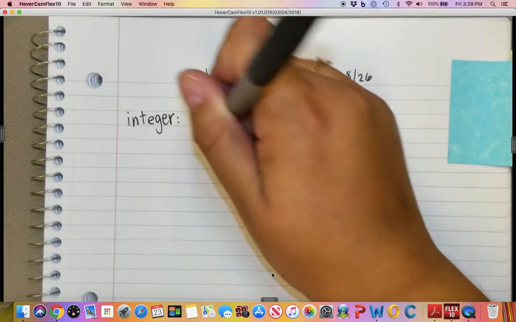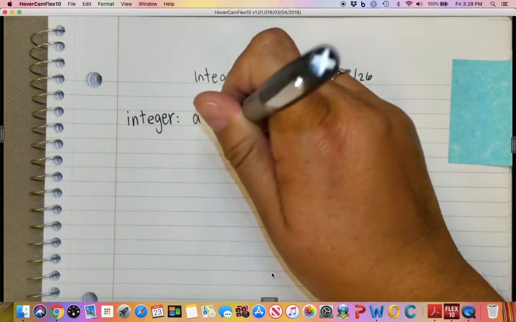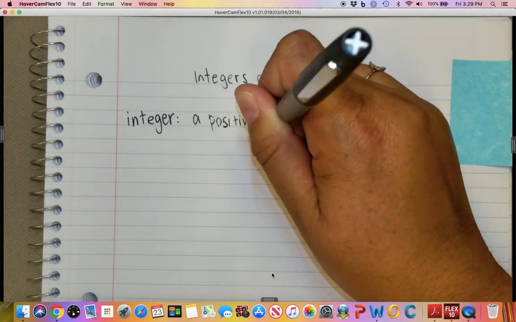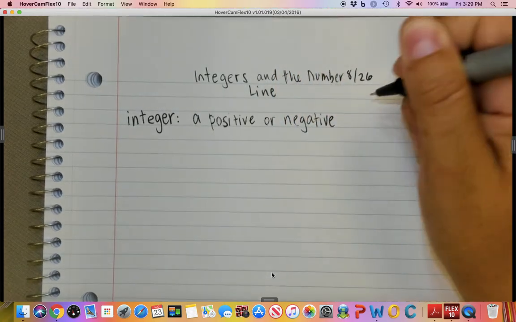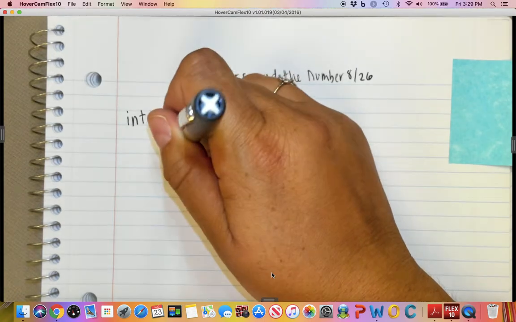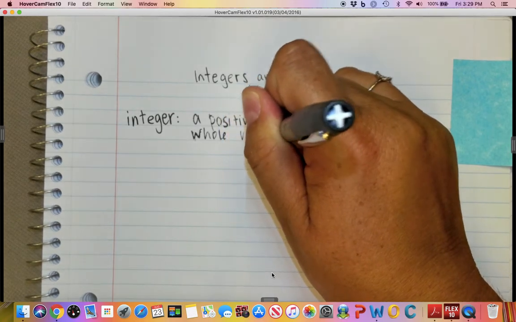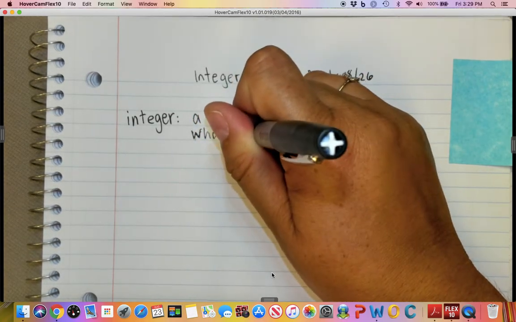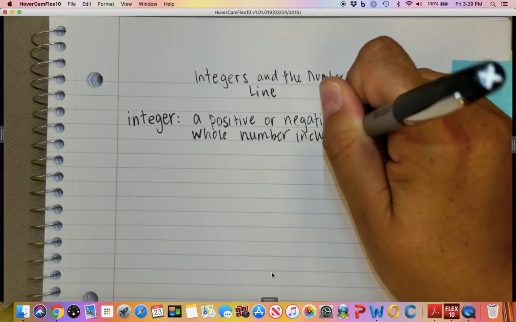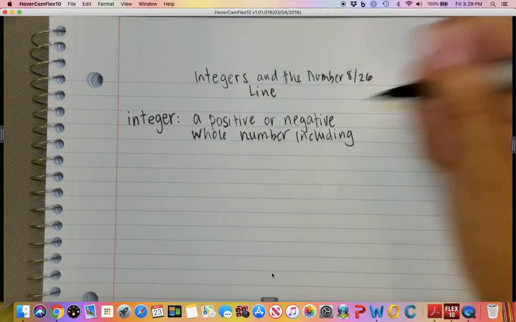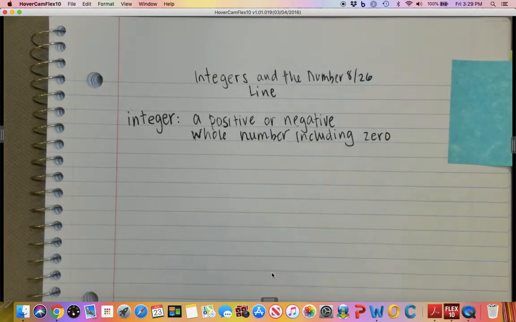An integer is a positive or negative whole number including 0. Our friend 0 sometimes is excluded from certain categories, so it's good to know that an integer does include 0.